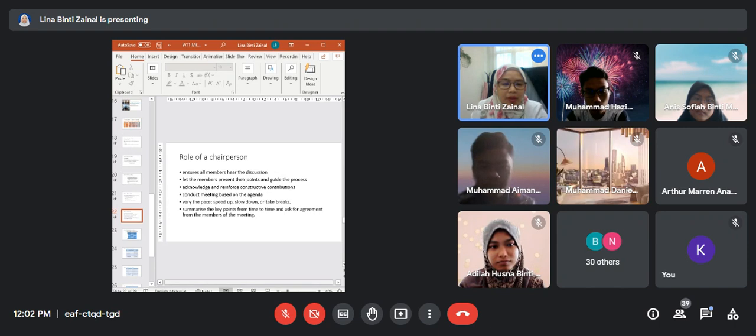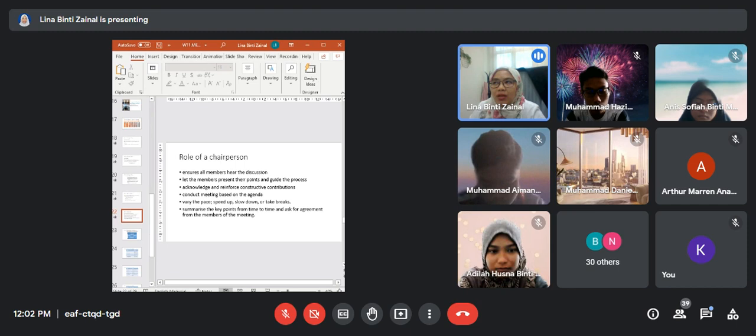Also, the role of a chairperson is to ensure that all members hear the discussion and let the members present their points, guide the process, and acknowledge and reinforce constructive contribution.